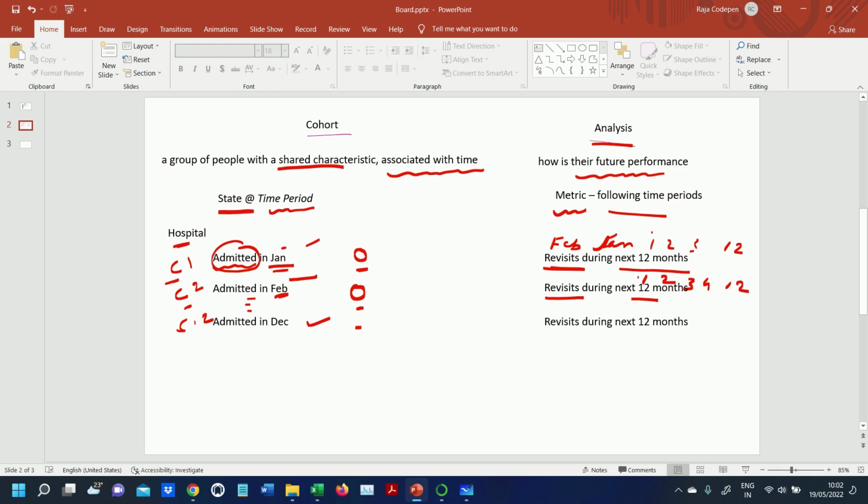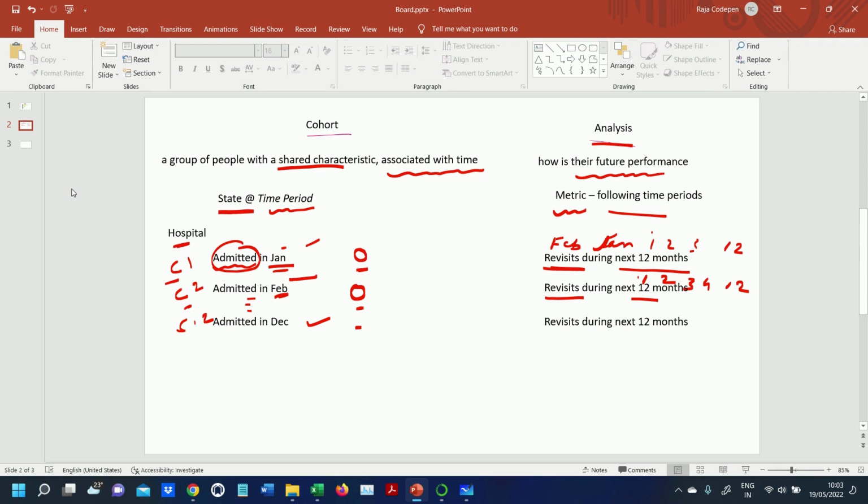Like this, you can extend this definition. This is a very popular use case in business, and it's applicable in several business scenarios. For example, instead of a hospital, you can think of the automobile industry, where you put up your car for servicing. If you're running a workshop, you take the number of cars given for servicing and calculate the number of complaints you have received in the subsequent months.